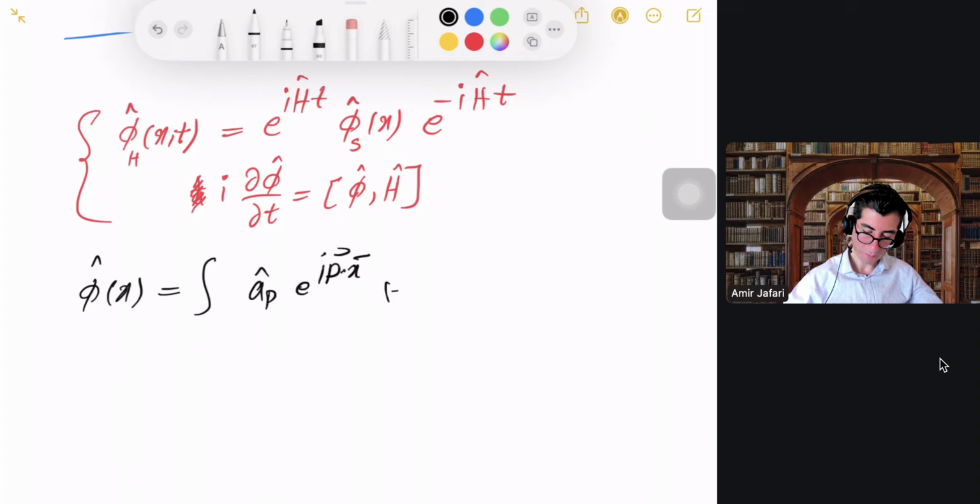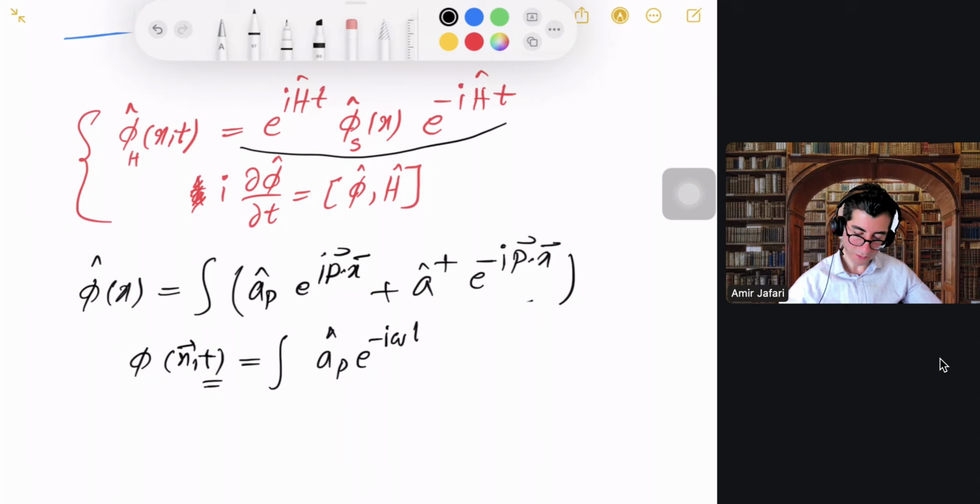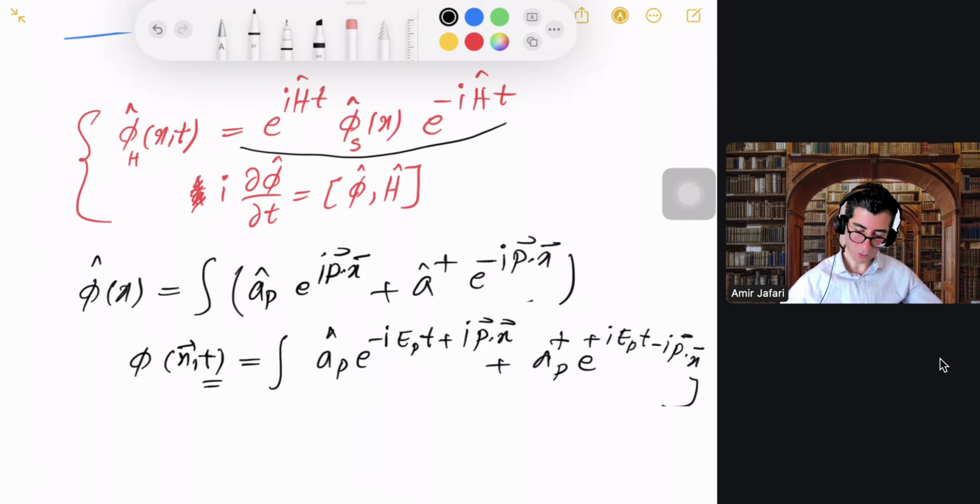Using this relationship, you're going to get a_p e^(-iωt + ipx) + a†_p e^(+iEt - ipx), or because we called it energy, let's call it E_p, with some coefficients here.